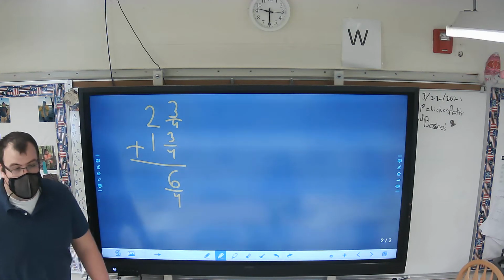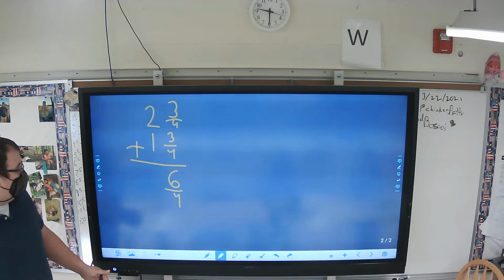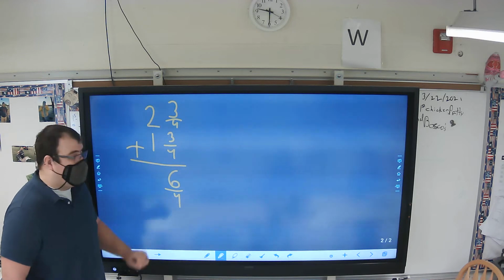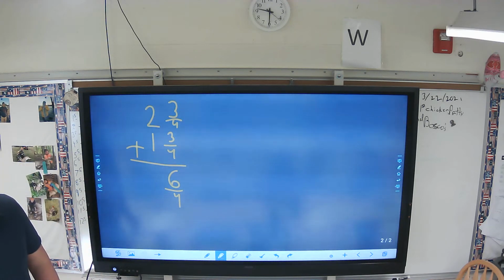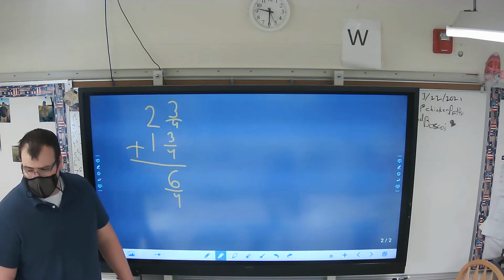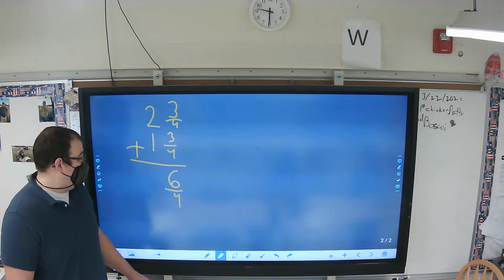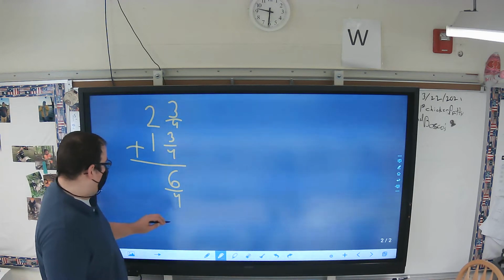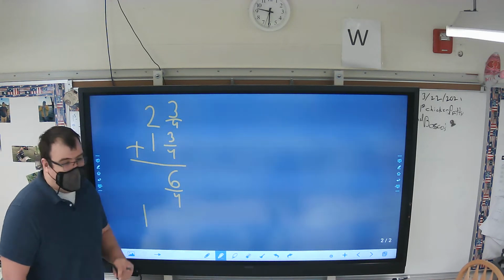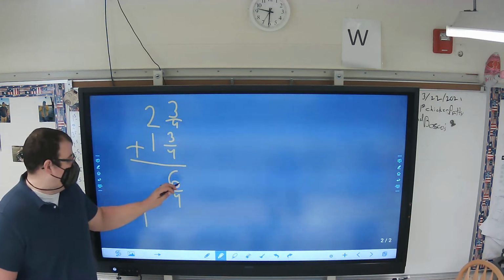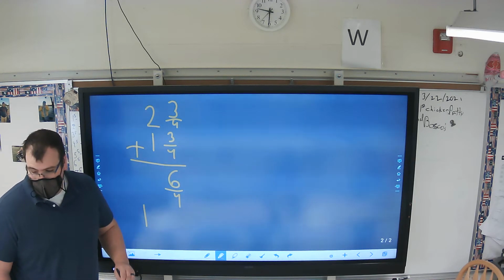We have a mixed number, right? So, how many 4s can I take out of 6? Only 1, because I have 4, so I pull 1 out. What am I left over with if I take a 4 out of 6? I'm left with 2.